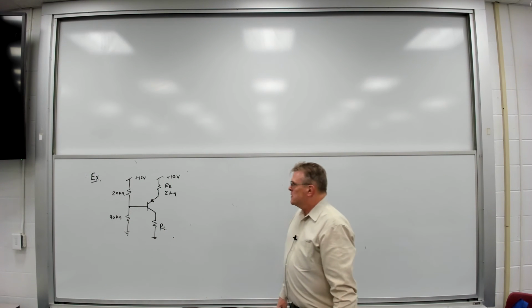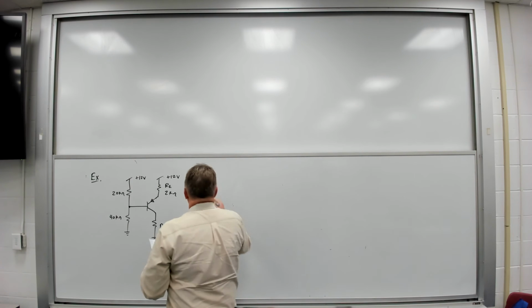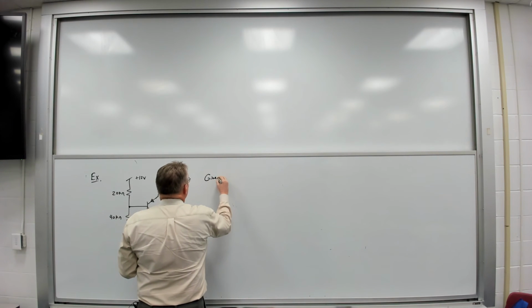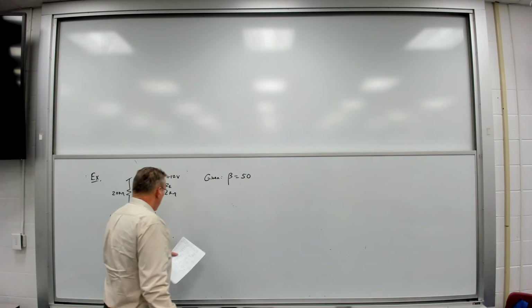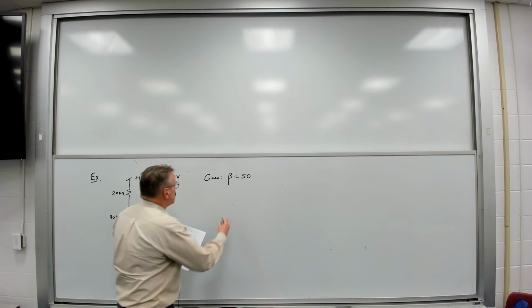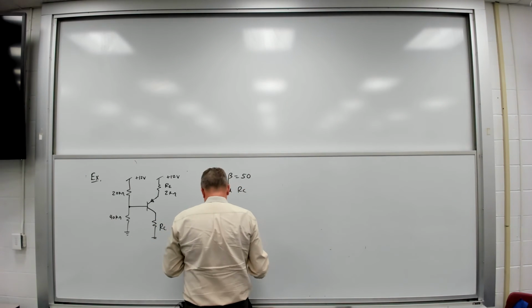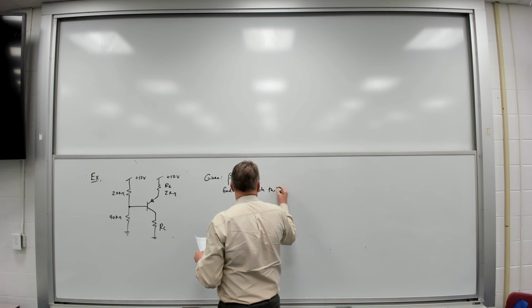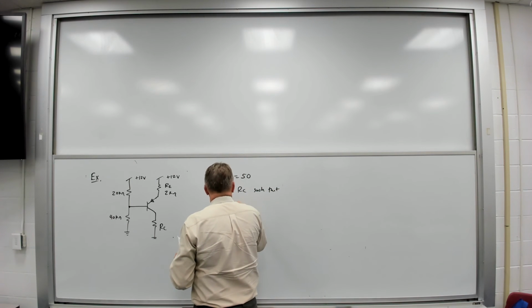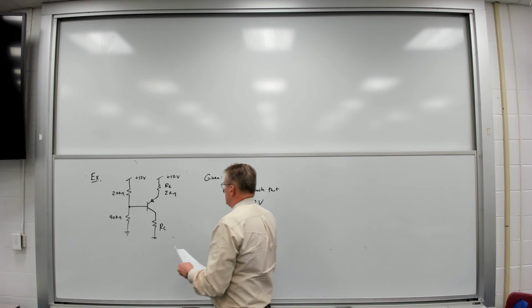All right, so this problem is a little bit different. Given that beta is equal to 50 for this transistor, let's find the value of RC such that VEC, the voltage between the emitter and the collector, is equal to 2 volts.